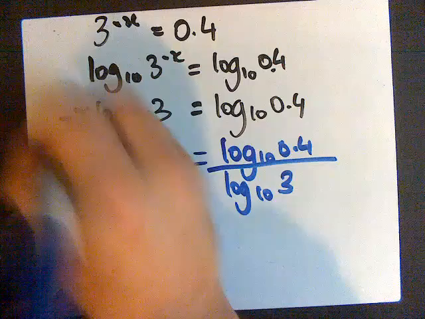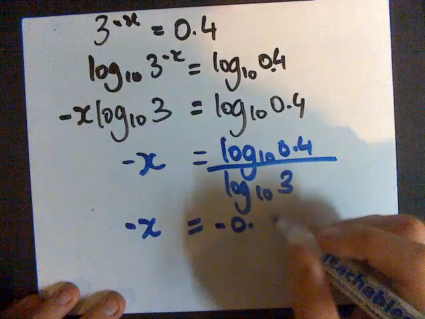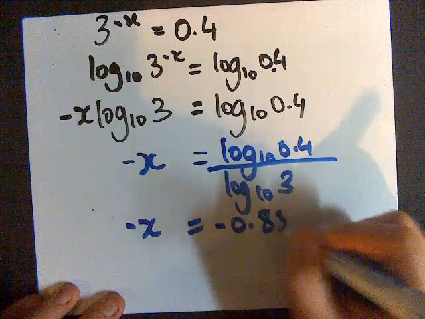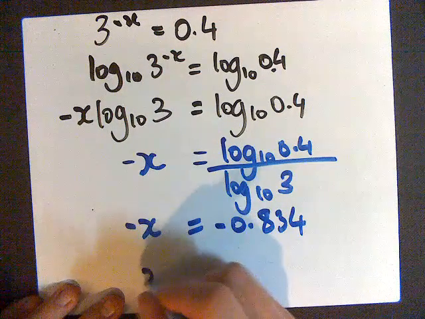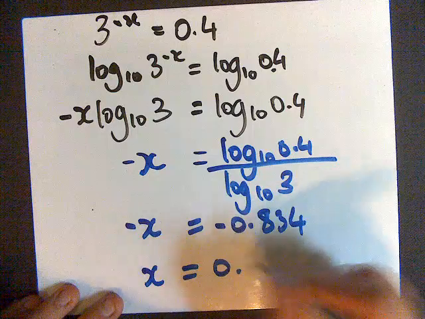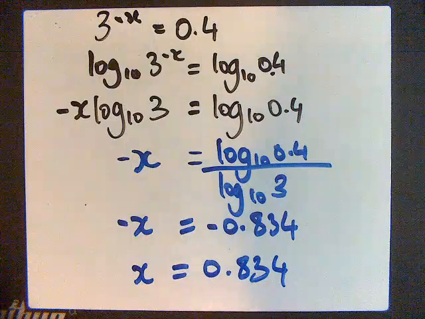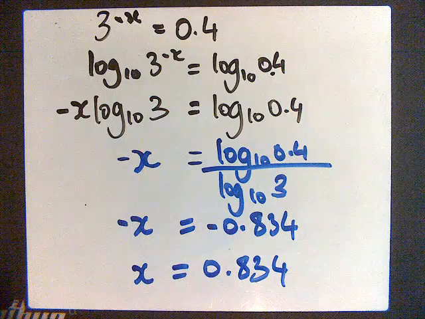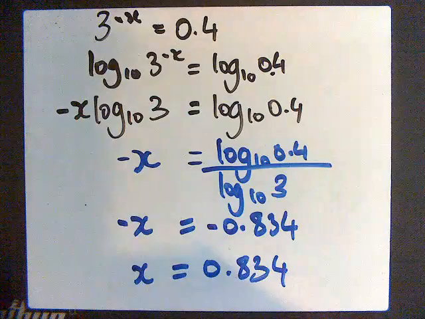It's still a negative; I'm still taking my negative down. It's going to equal negative 0.834. Because I have negative x equals negative that, it must mean that positive x is going to equal 0.834.